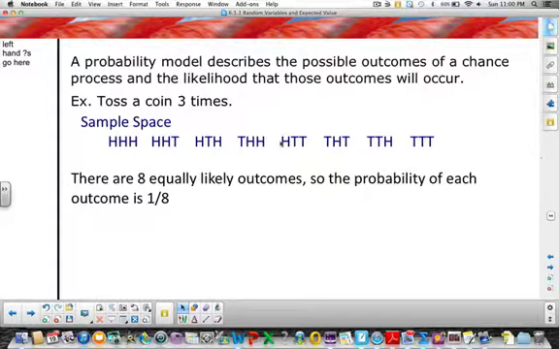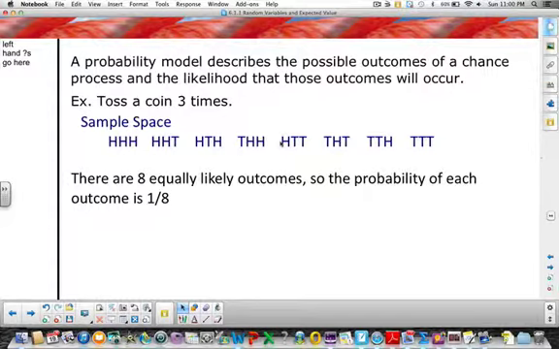So instead of having bins like we have in the past with a histogram, we have just the value of the random variable, 1, 2, 3, and those are in the center of my bars. And then of course on the y-axis we have the probability of each of those values. But for all intents and purposes it behaves just like a histogram does, and we're going to look at its shape like we look at the shape of a histogram. Okay, so there's a graph of that same probability distribution.